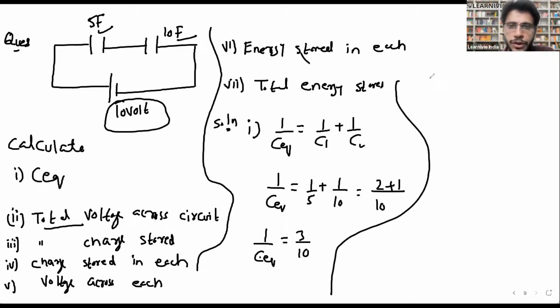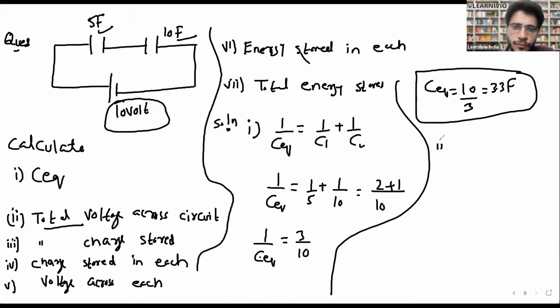So your C equivalent will be 10 by 3, which you can say 3.3 farad. That's C. Few of you were writing it as 3 by 10 only, as 0.3. It's not 0.3. You have to take the reciprocal.